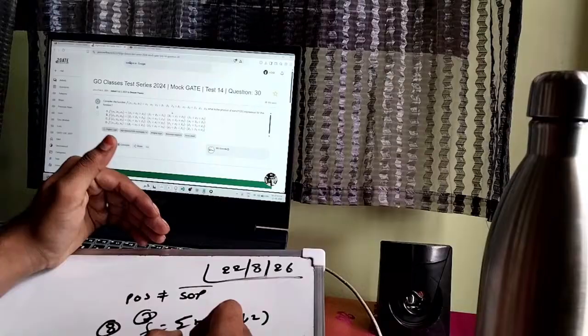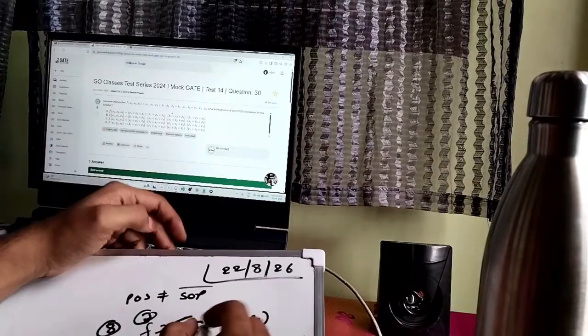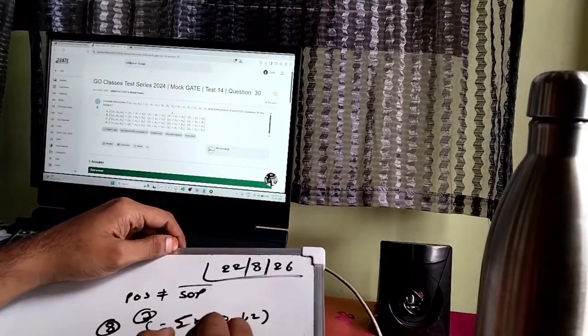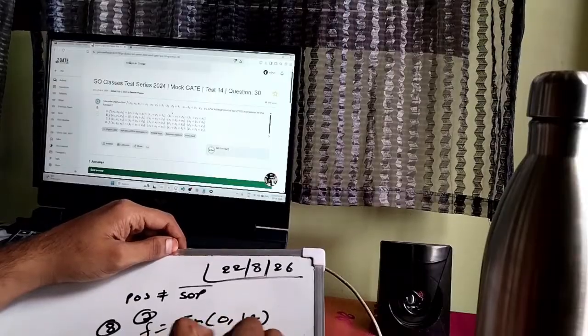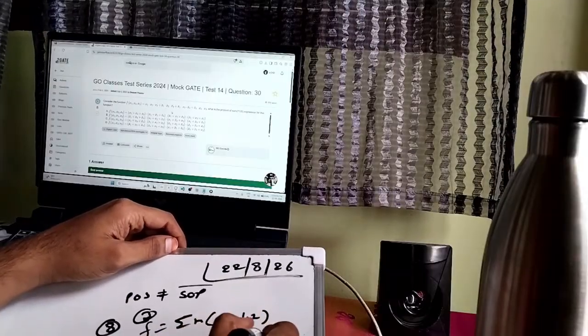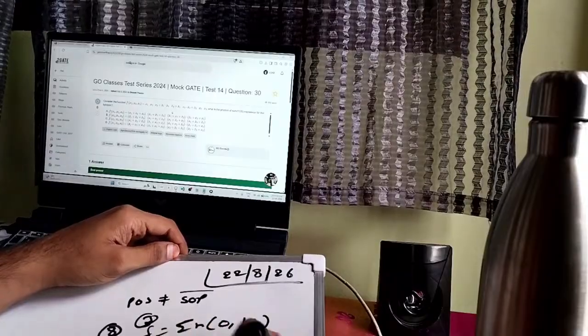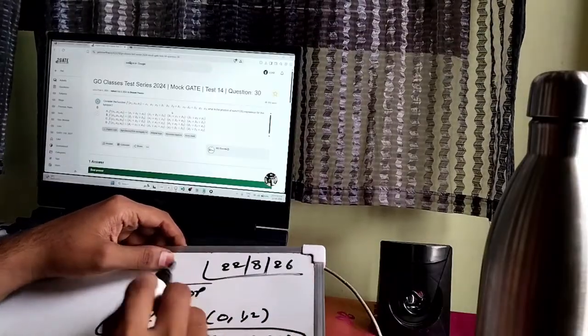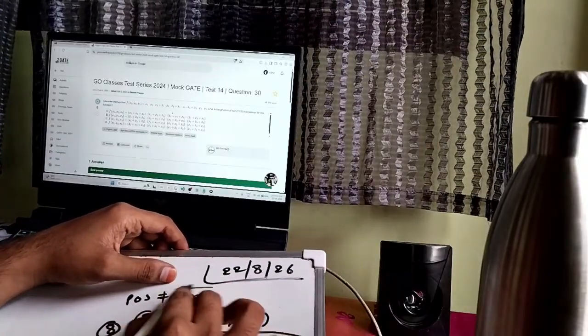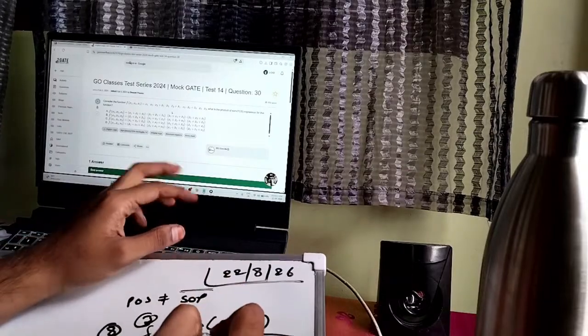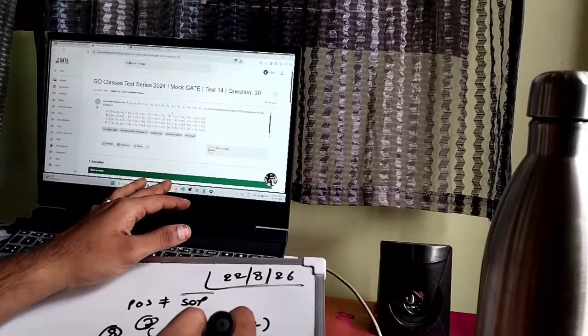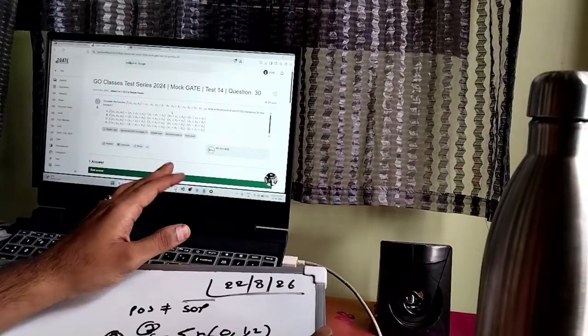We can just complement, and the maxterms will be 3, 4, 5, 6. We are just complementing on the terms. This is the main point.